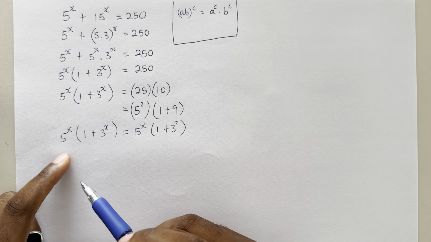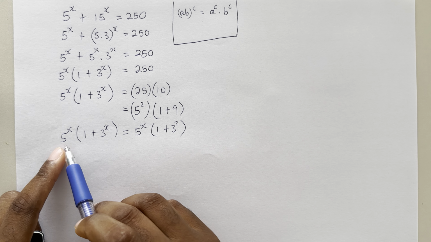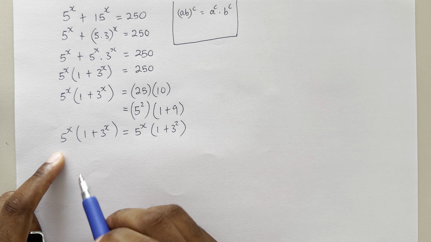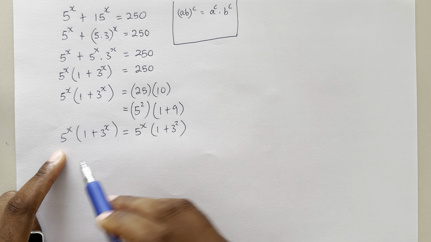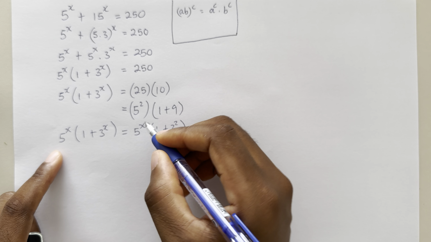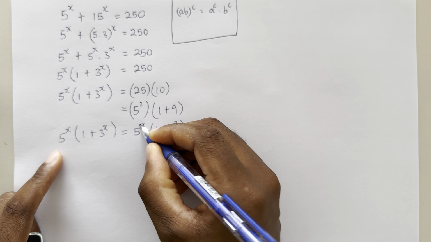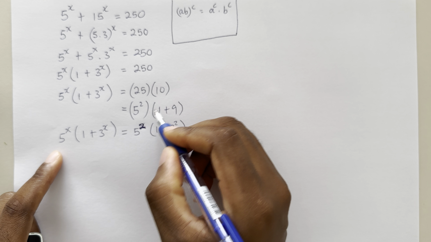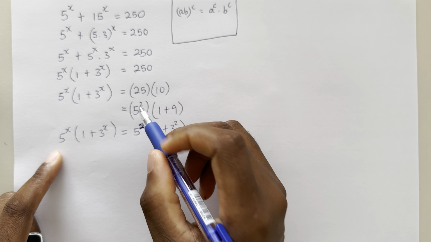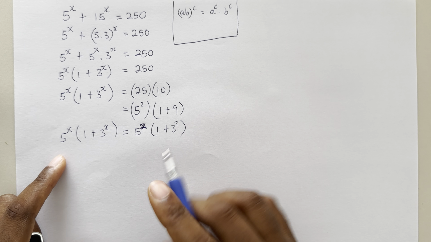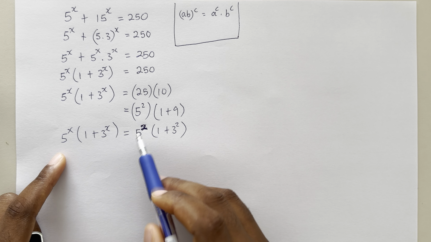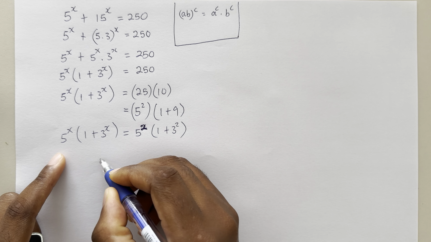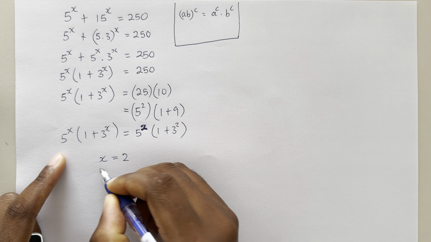So what we are going to do is just equate the powers. This one is not x, I made a mistake. So this is 2, from here we just take it down here. So 5 to the power of x, 5 to the power of 2, we can equate the powers, which gives x is equal to 2.